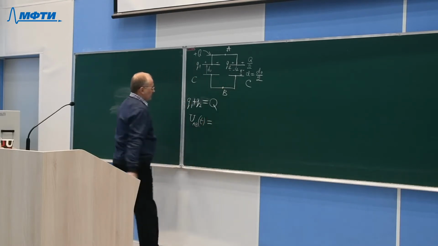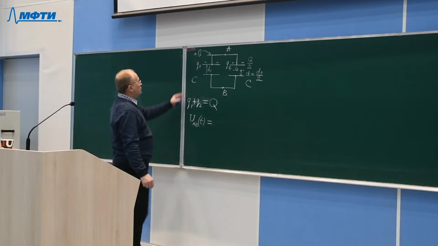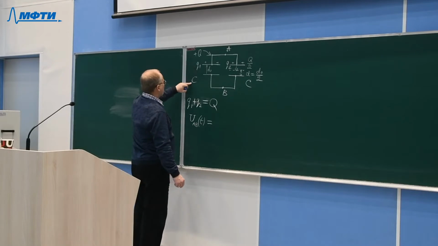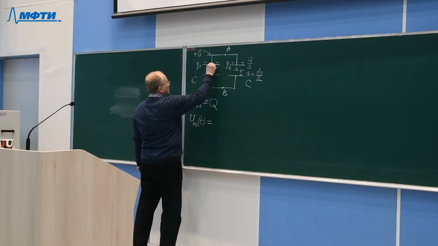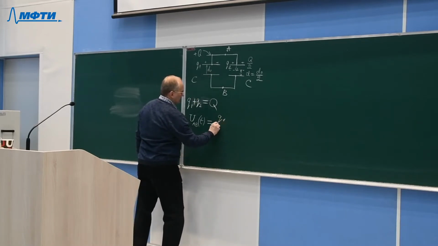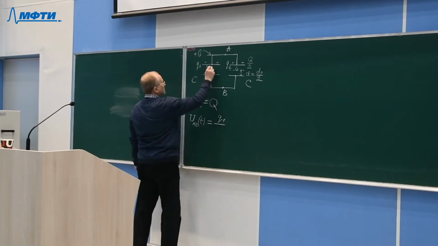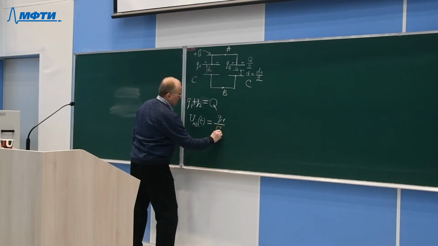And this voltage can be presented using the charge on a capacitor and its capacitance. So by definition, the voltage between the capacitor plates is the charge of the first capacitor, if we look at the first capacitor, divided by its capacitance.